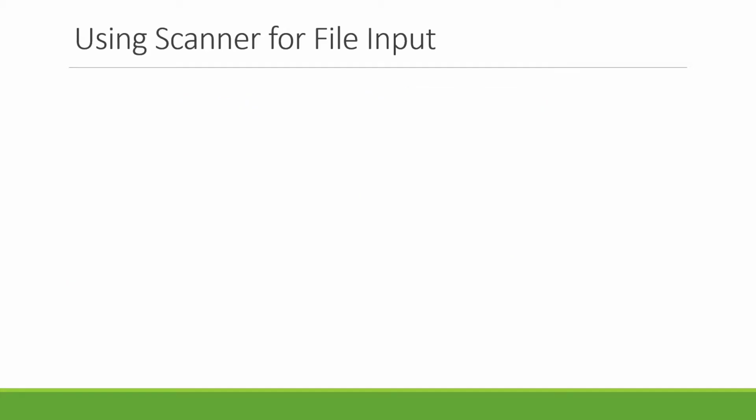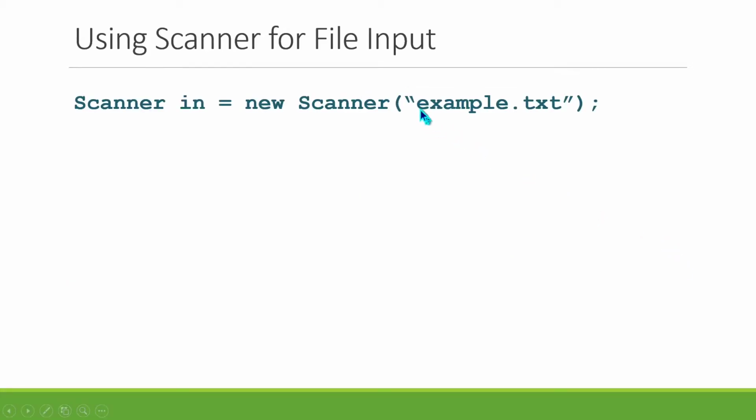Now it's important to note that if you were to pass the path and/or just the file name into your scanner constructor like this, for example, if I want to connect my scanner to a data file example.txt, even if it's in a directory, if you put path information in here, it doesn't matter. The problem with this is a string value. It's not a file object.